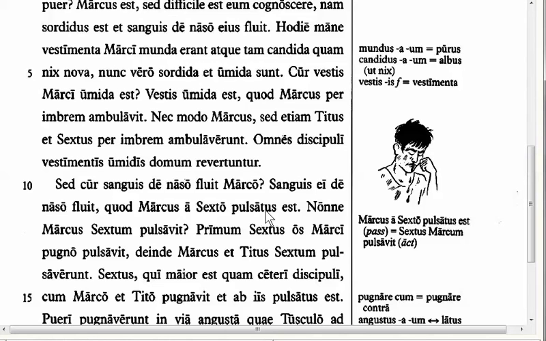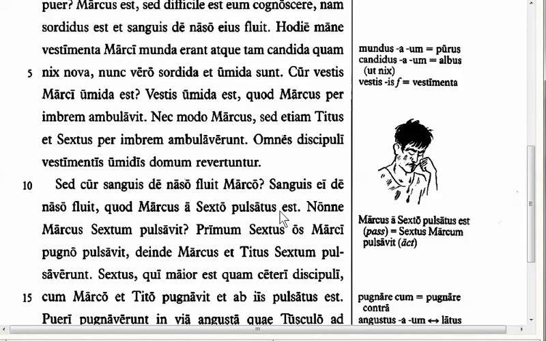So the first part of the perfect passive is a perfect passive participle. And then it combines with the present forms of sum: sum, es, est, sumus, estis, sunt, to form the full perfect passive verb.